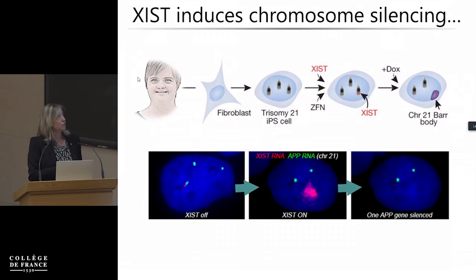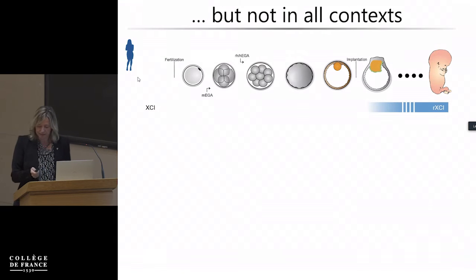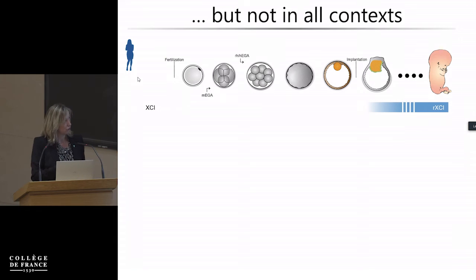So GXIST induces chromosome silencing in human, but not in all contexts. So this is, again, something that Edith showed in this 2011 paper. So I showed you previously that X chromosome inactivation in the human occurs after implantation. We are still trying to understand the exact kinetics.